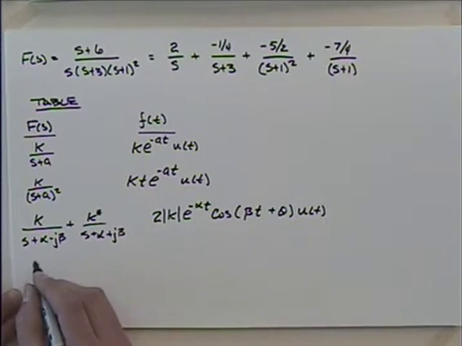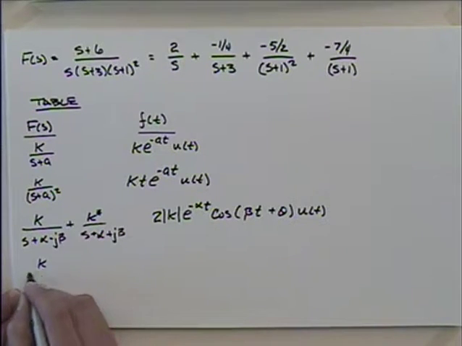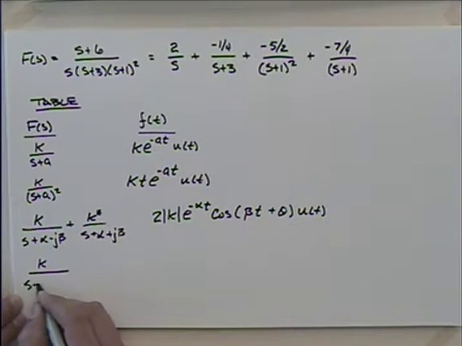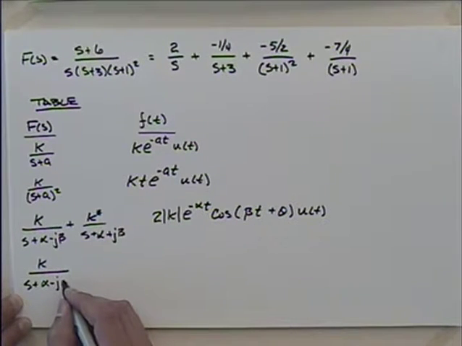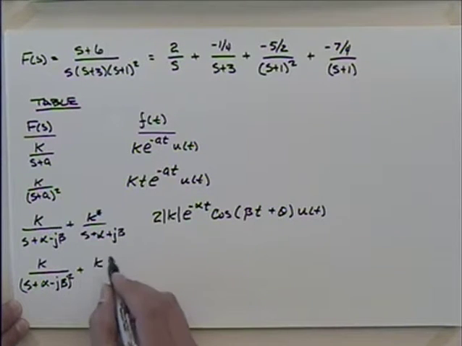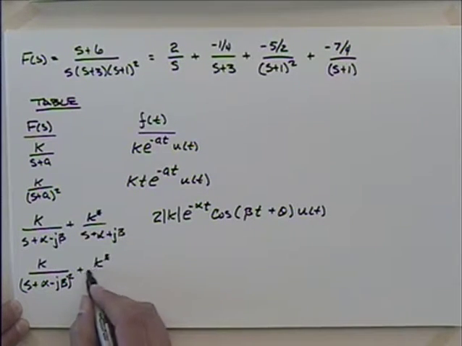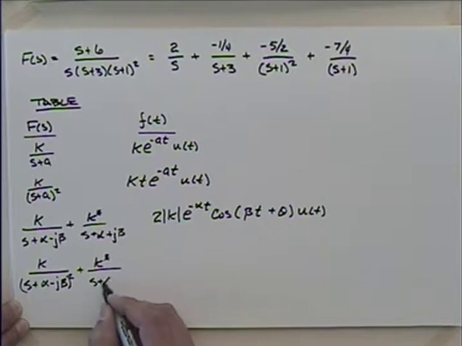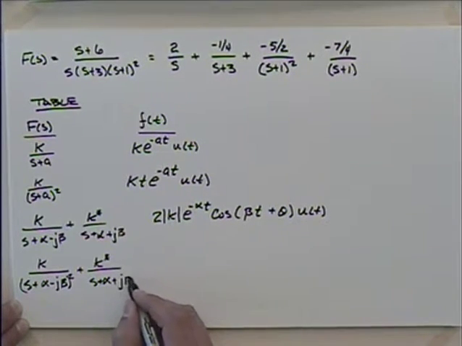And lastly, maybe we would have K over S plus alpha minus J beta, we'll square this thing, plus the conjugate of K over S plus alpha plus J beta, so that one's positive, squared.